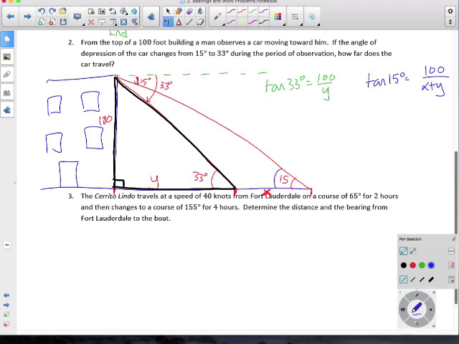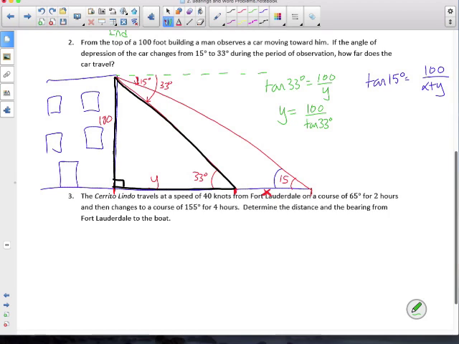So I'm going to take this equation real quick and solve it for y. I'm going to multiply the y to the other side and then divide the tan 33 away. So now I have y by itself. I'm going to do something very similar on this side. I'm going to get the x plus y by itself, so I multiply it over and then divide by the tan 15. And to get x by itself, I'll just take this y and subtract it to the other side.